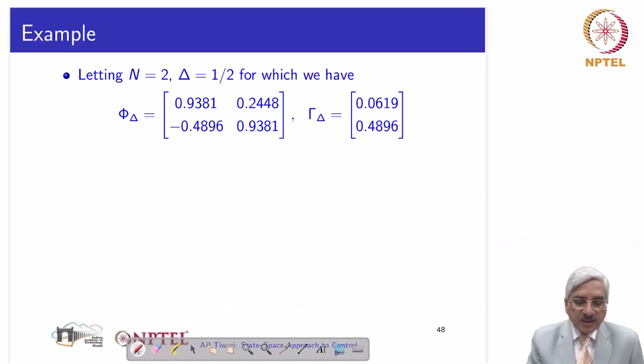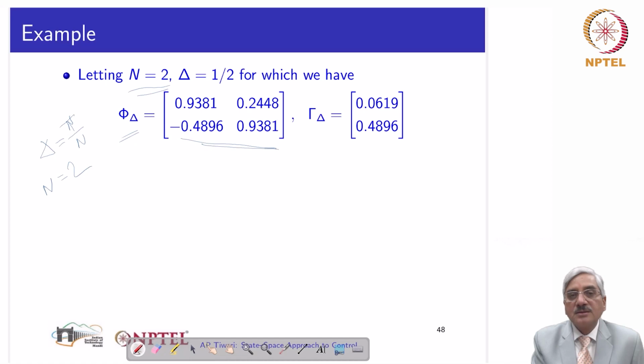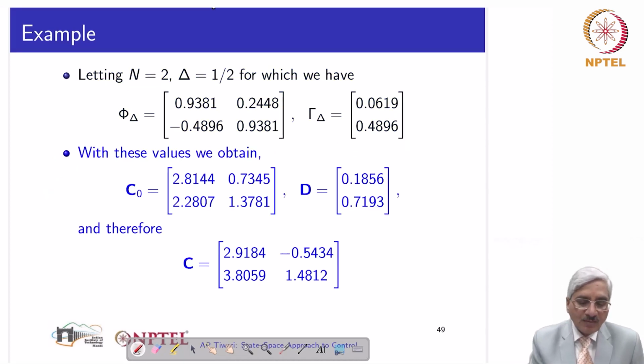Once F is obtained, next we find the discrete time system for sampling at the rate delta, which is T by N, and N we are choosing as 2 first. So delta is half, and for that this is the system matrix phi delta and this is the input matrix gamma delta.